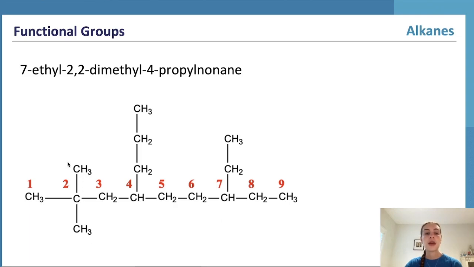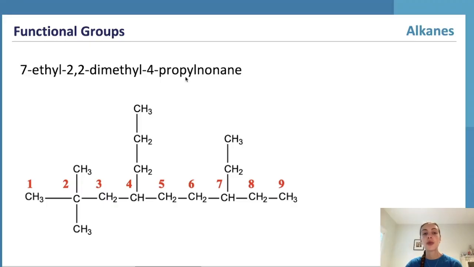If they were both on the same side, so if we went carbon and then bonded another carbon here, that would not be known as a methyl group. That would then be known as an ethyl group, and so instead it would just be a 2-ethyl. But because they're on opposite sides, they're 2 separate groups. That's a methyl group there, and that's a methyl group there, and so hence it's 2,2-dimethyl.